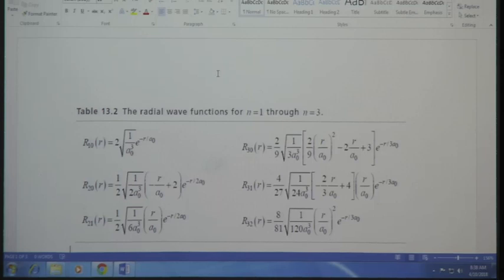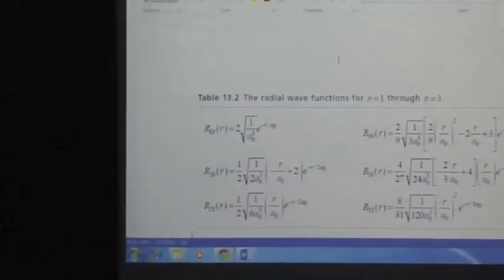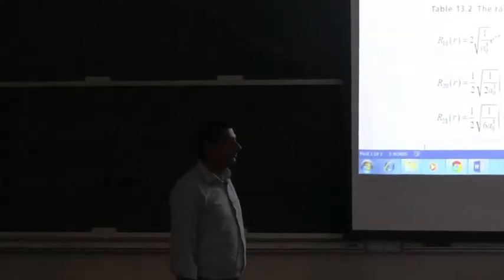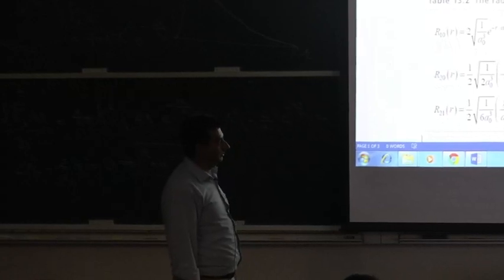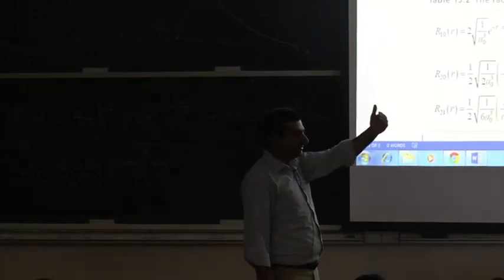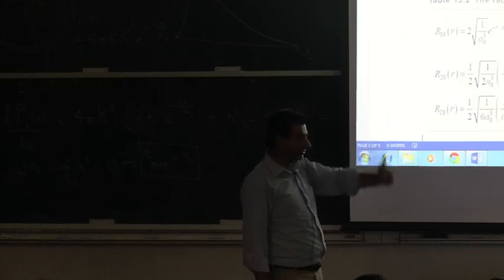It all depends upon what form of potential you have. We've already looked at the formula for this system, which is minus 13.6 electron volts over n squared.